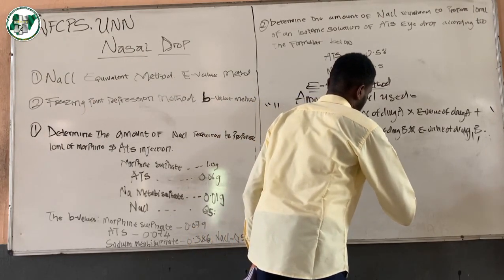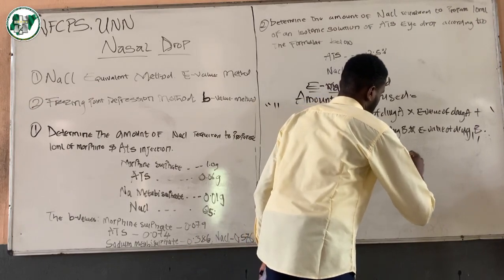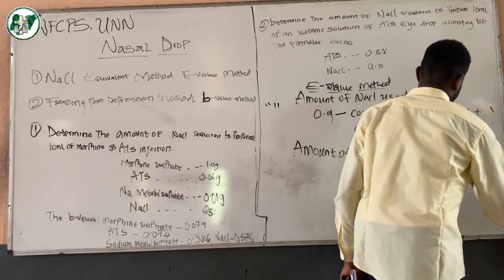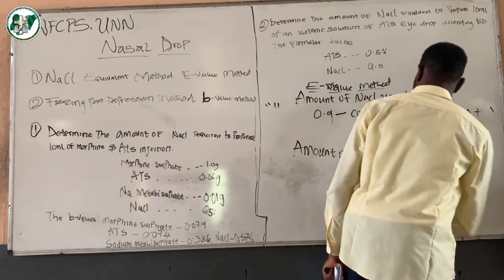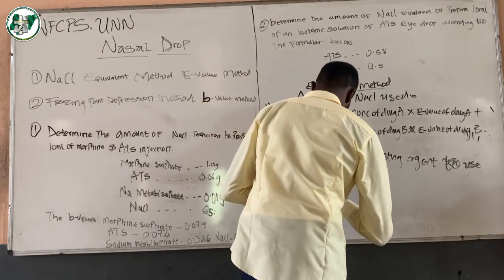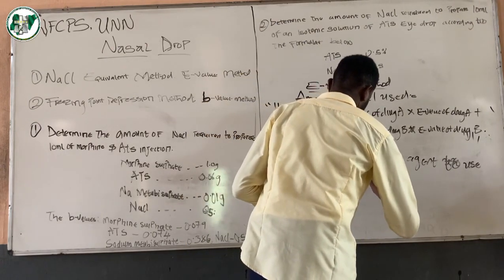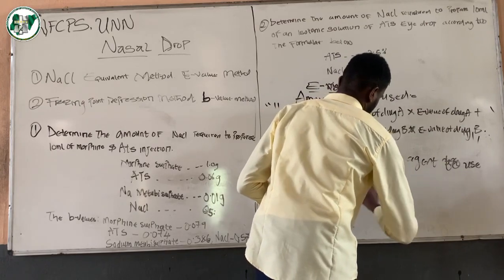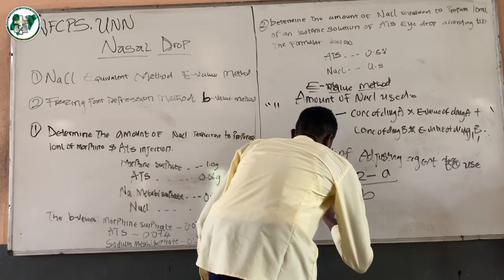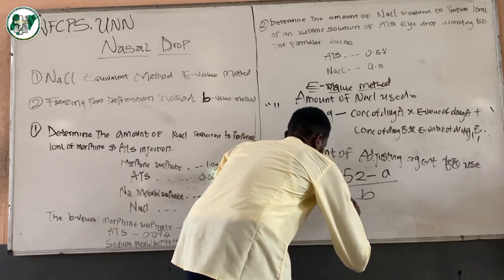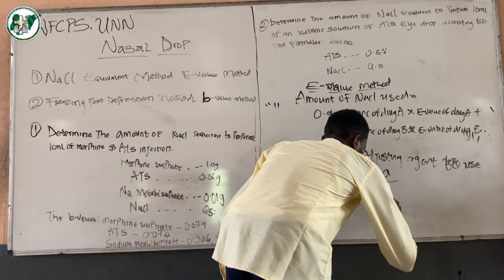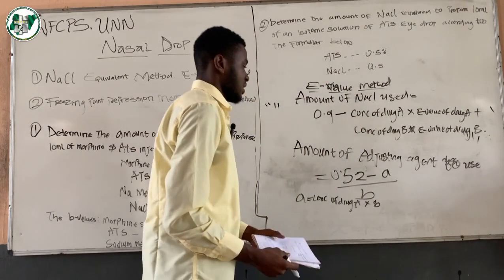Amount of adjusting agent: we make use of 0.52 minus A, all divided by B, where A is equal to the concentration of drug A multiplied by the B value of drug A, plus the concentration of drug B multiplied by the B value of drug B, and B is the B value of sodium chloride. The difference here is the B value.